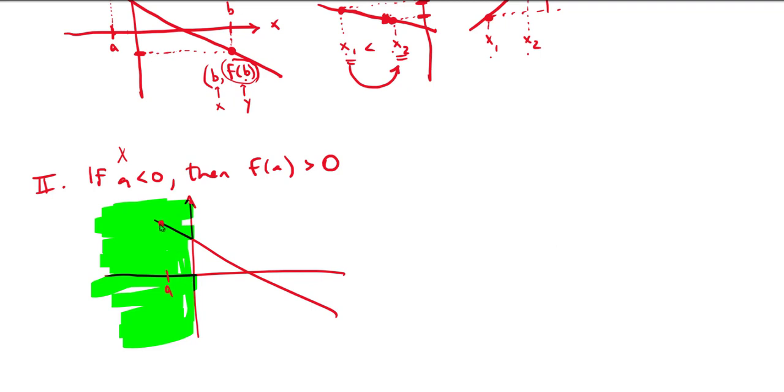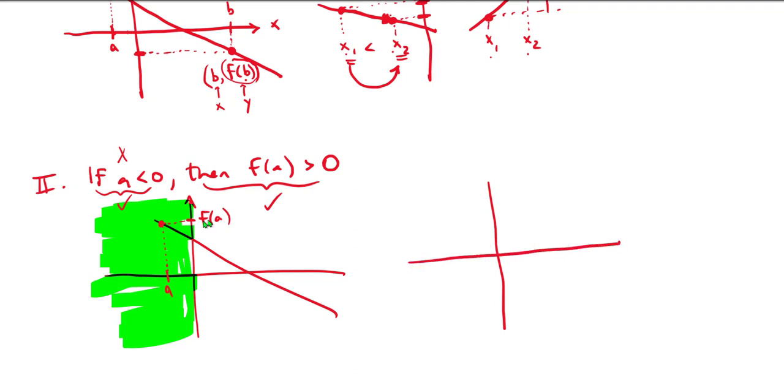And if I look at where that A value hits my line, it is true that my f of A is positive there. My f of A is greater than 0. In other words, I have satisfied the if part by making A less than 0, and the then part is also satisfied. So if you choose a line that looks like the one that I've chosen here, you may think that Roman numeral 2 has to be true.